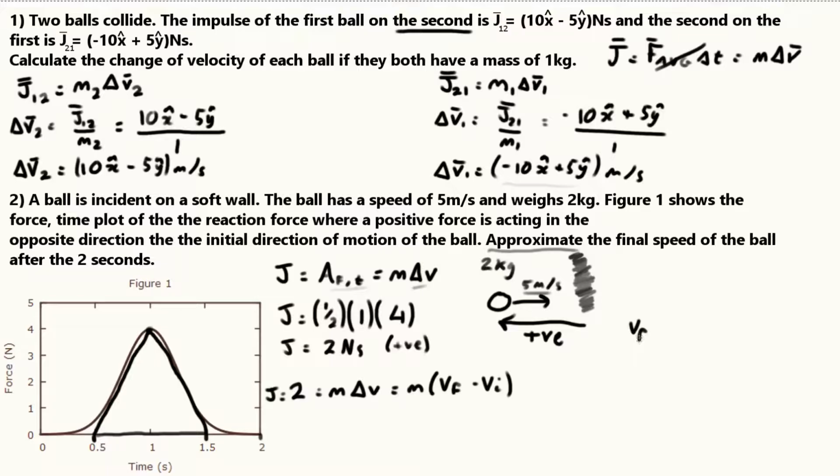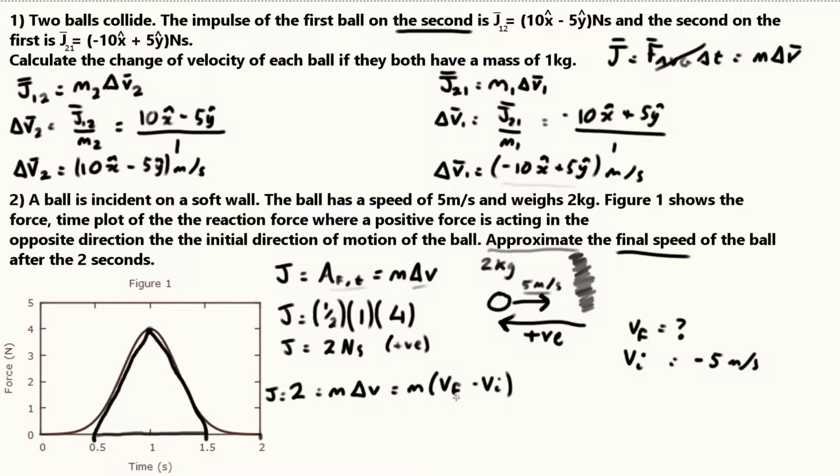Our final speed is what we want to find out, as said in the question, and our initial speed is 5 meters per second. But look which way we defined our positive direction. It is going in this direction, whilst our initial speed is going in the opposite direction, meaning that this is actually -5 for our initial speed.